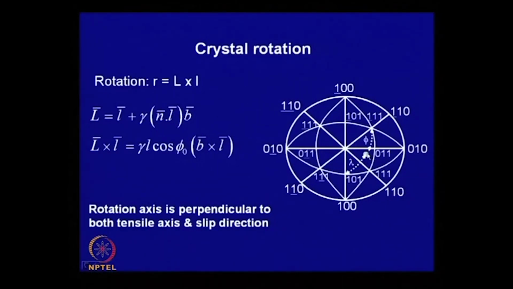How do you determine this? You draw a great circle over here, that means a longitude, and find a pole which is at right angle to this great circle. So, maybe somewhere here, and that will be normal to this as well as this.